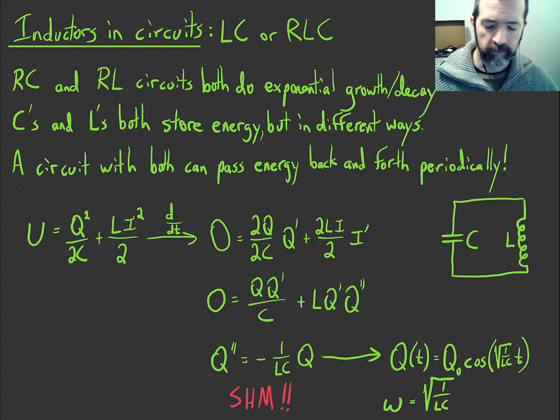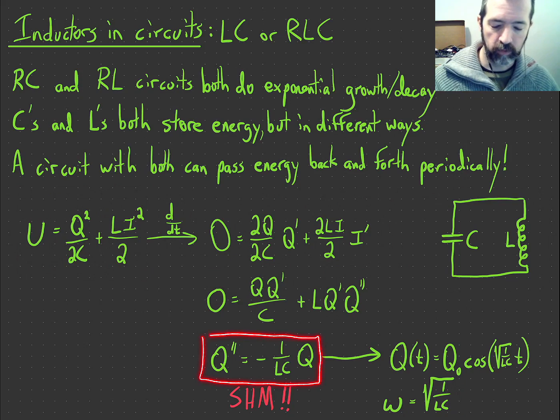You can cancel some stuff out, and then keep in mind i is the same thing as q prime, and so i prime is q double prime. So I've got a lot of q's here, but both of the terms have q prime, so we can cancel out the q prime. That leaves me with an equation that has q and q double prime.